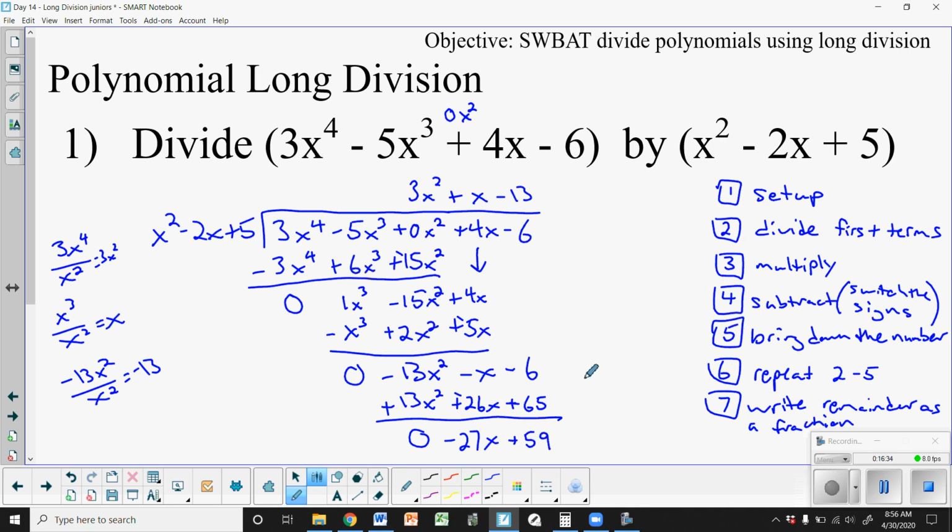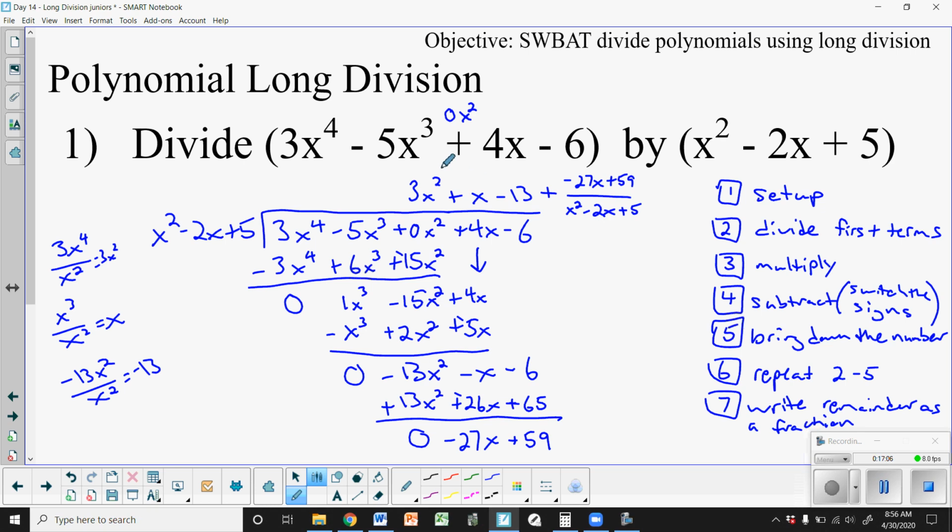All right, and then after we subtract, bring down the number, no number to bring down. So now, if we can't do step 5, then we write the remainder as a fraction. So this is our remainder. So now what we do is we add the remainder. So we just put plus negative 27x plus 59 over x squared minus 2x plus 5.